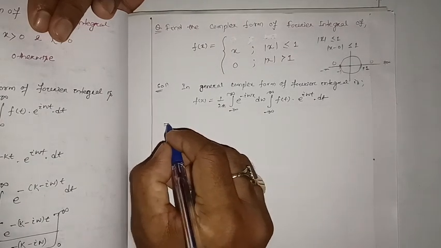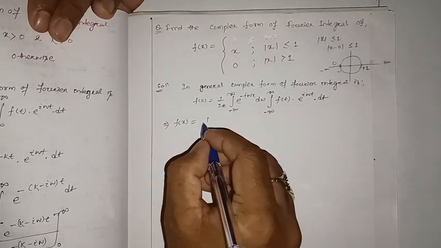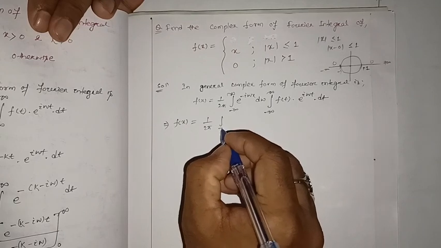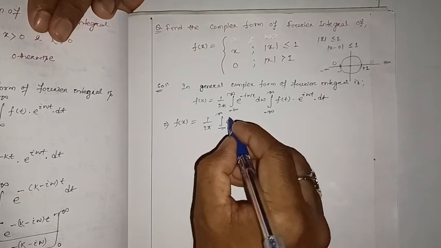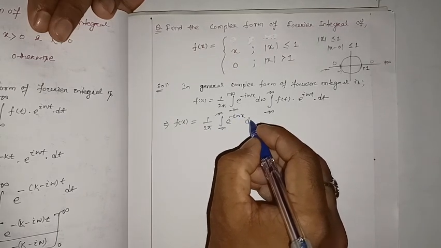So we have to write once again with the limit: 1 by 2 pi, integral from minus infinity to plus infinity of e to the minus i omega x d omega.